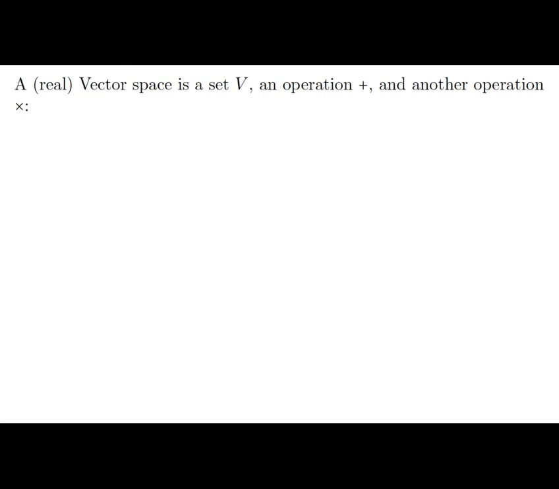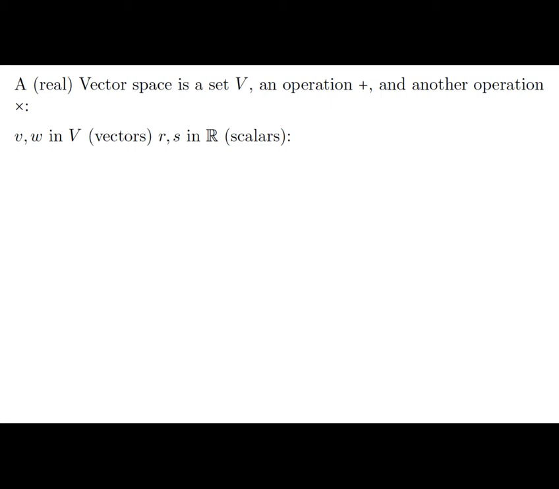Let's go over the definition of a vector space. So a vector space is a set, a collection of things, with two operations, one called plus and another called times. And first I'm just going to tell you what these operations do.